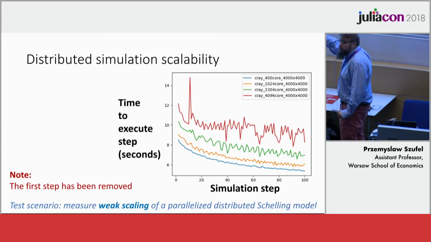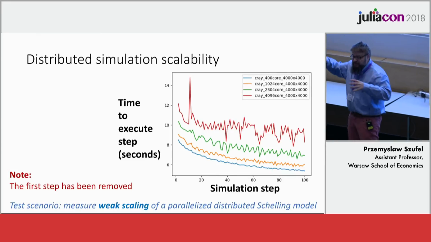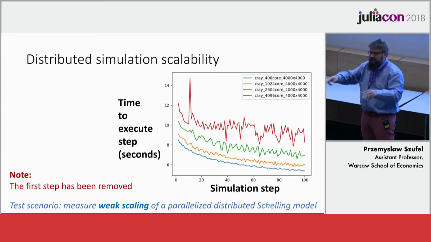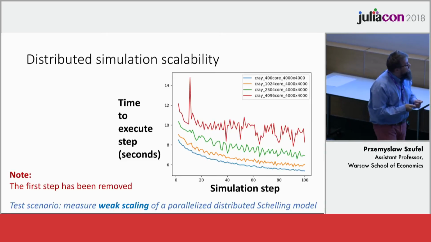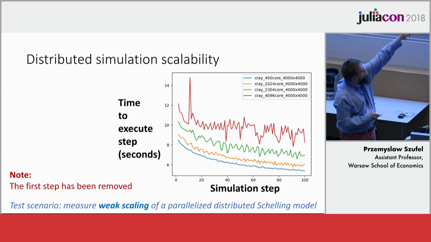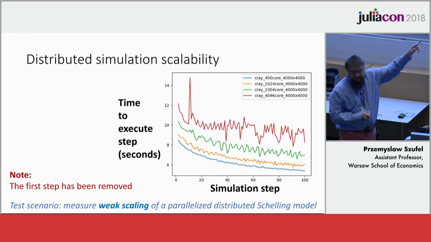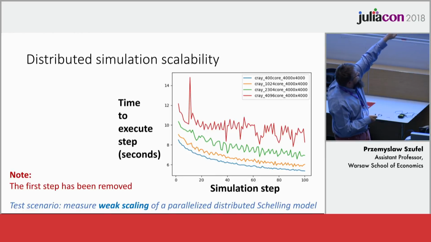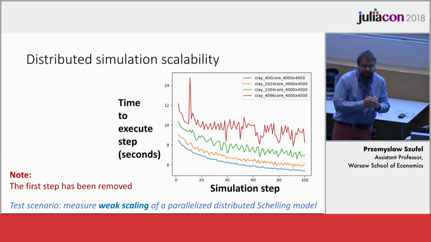Then you have what we can see here. I'm measuring here weak scaling. So weak scaling is I'm making bigger and bigger problem size, so bigger and bigger chessboard size by increasing the number of processes. So for example, what I'm having here is a chessboard 4,000 by 4,000. So it's like a place for 16 million agents for each chessboard. And then I'm running this on 400 chessboards, 1,000, 2,300, and 4,096.